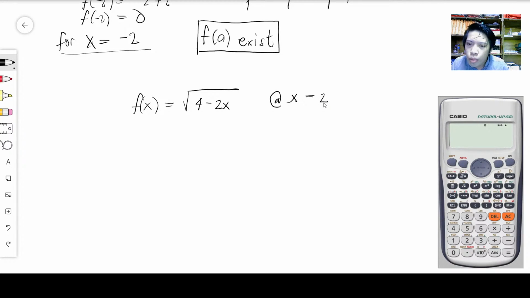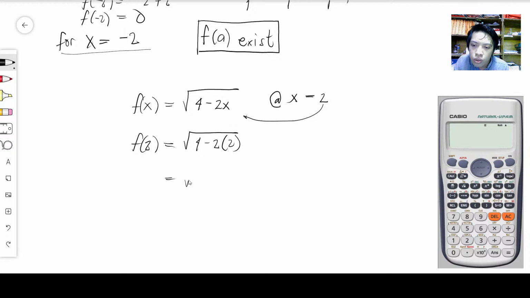Masaring ka, nayakang kang ginahi, sir, ang criteria para makayakan nga an usa nga function continuous at a certain value of x is that if f of a exists. So imo iso-substitute an 2 nga da. So yun, masaring ka f of 2 is equal to the square root of 4 minus 2 times 2.